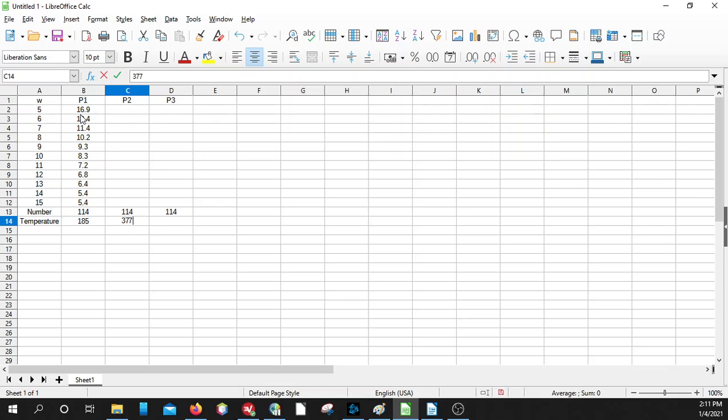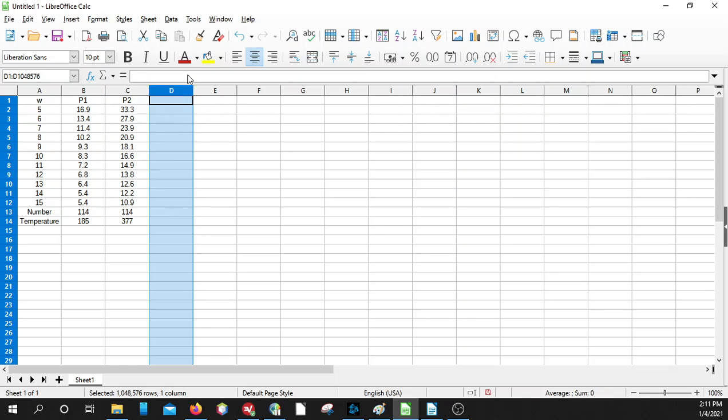We had 377 Kelvin there. Okay, so I've got data. I'm actually going to delete this column because I'm not using it.